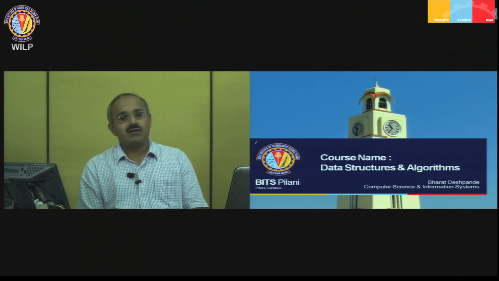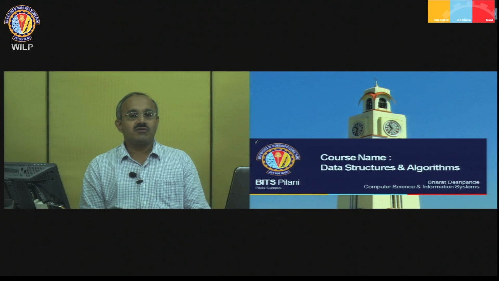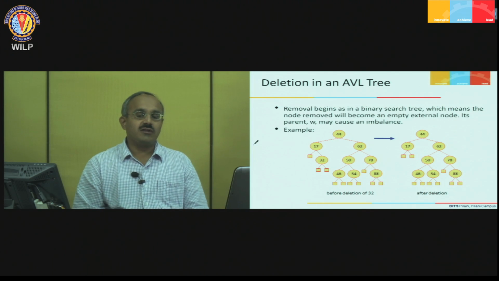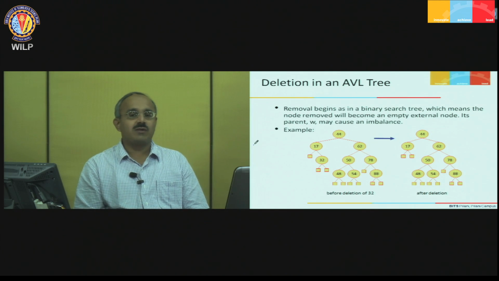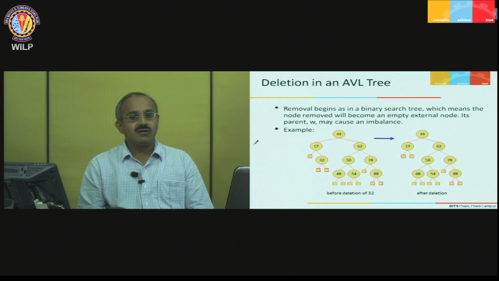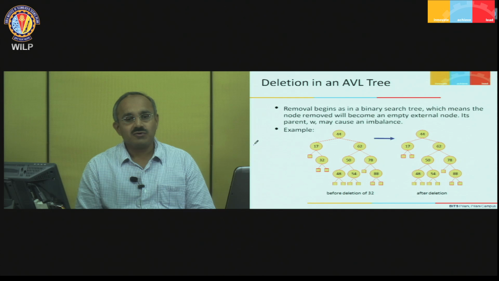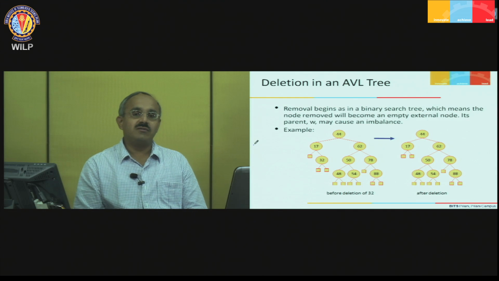This session we look at how to do the deletion operation on the AVL tree. Like insertion in an AVL tree, where the first step was to insert as though we were inserting into a binary search tree, the first step is going to be similar in a deletion procedure.